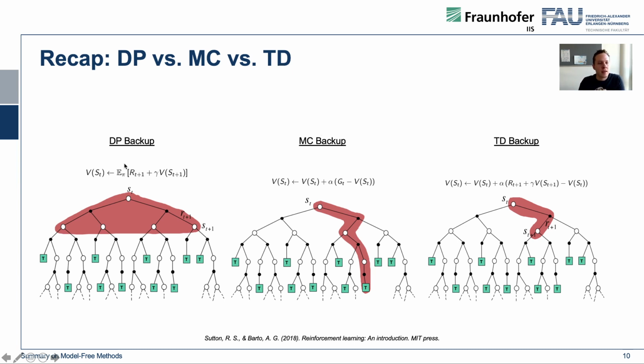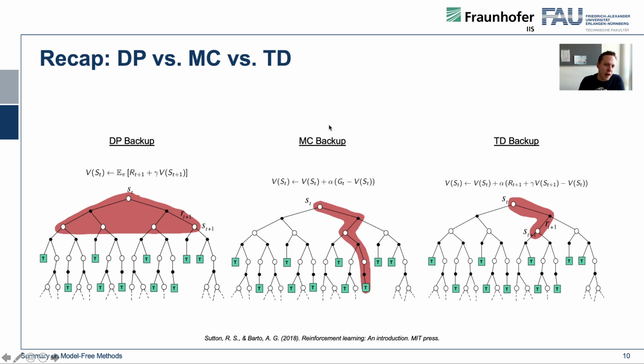And we have seen that in the backup of dynamic programming, when we use value iteration or policy iteration, in order to update s_t, it incorporates all the information of the successor states, with respect also to the transition probabilities and the actions that we can take to reach the successor states.